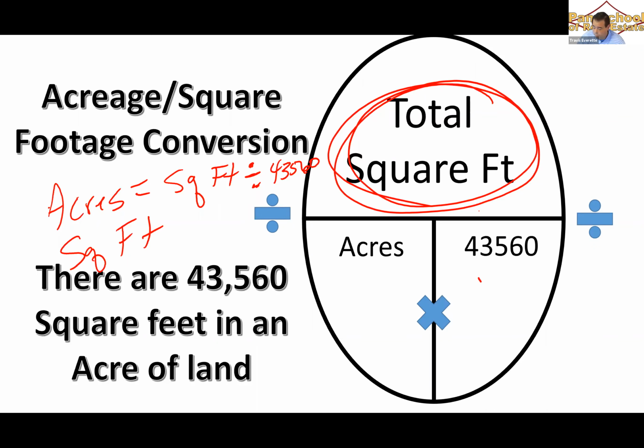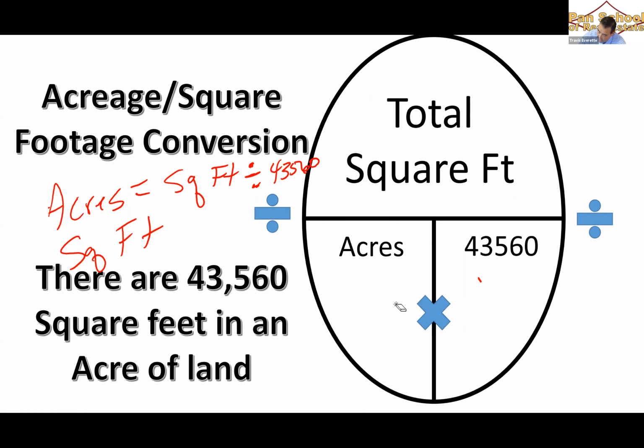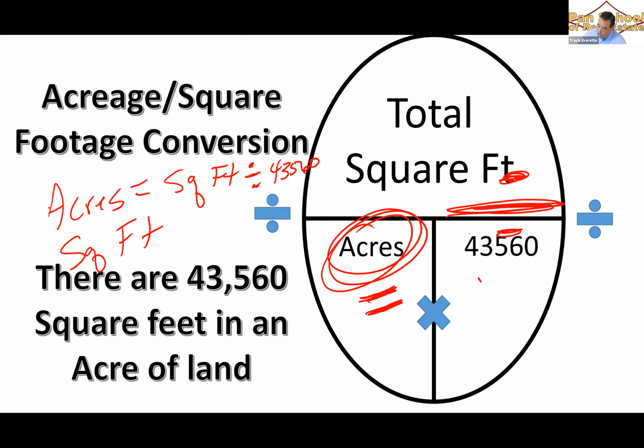So circle the one you want and then put your equal sign in there. Square footage equals acres times 43,560. Whereas if I want to know acres, acres equals square footage divided by 43,560. Does that make sense for everybody?